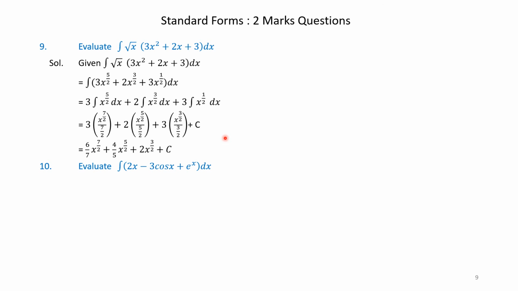In the given expression, you see the first term contains x, the next term is trigonometric, and the third term is exponential. So we have to remember all the three formulas. So let us solve it.